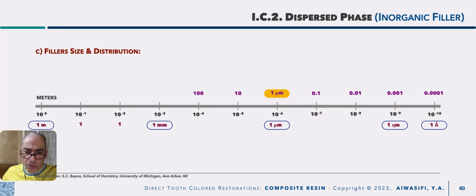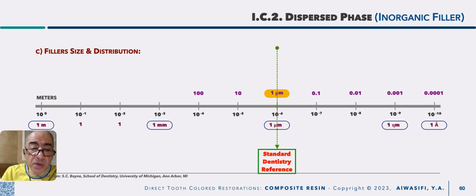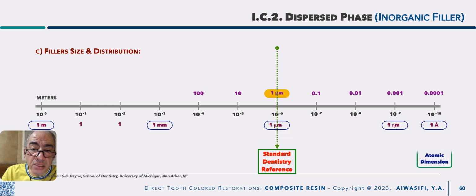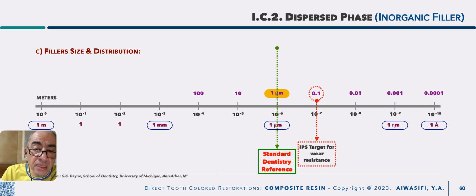This is our ruler, to discuss the difference, ranging from 1 millimeter to 1 angstrom. 1 micron is the dental standard reference. Dentinal tubules are a little bit larger than 1 micron. Bacteria are about 1 micron, microorganisms, and atomic dimension is measured in angstrom, and 0.1 micron is the IBS target for wear resistance.